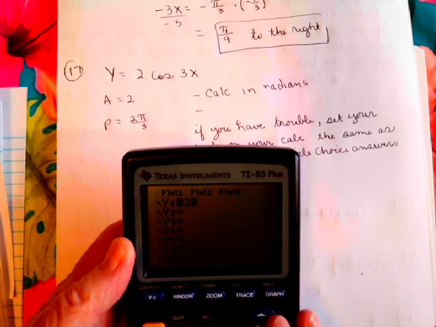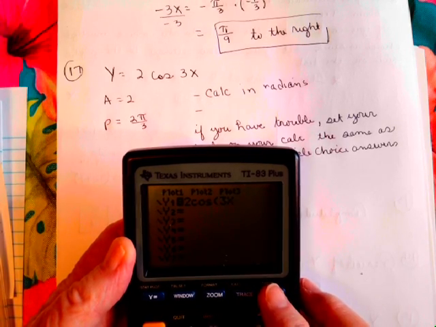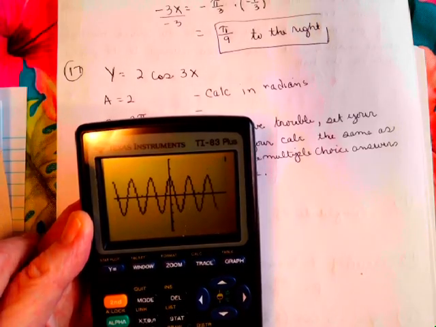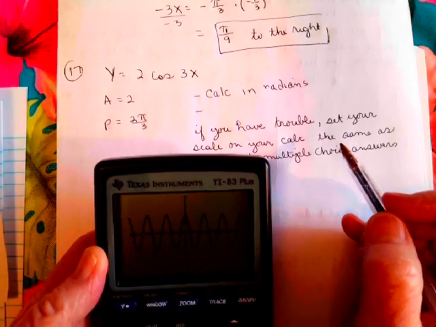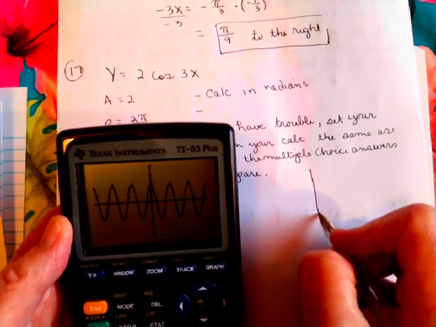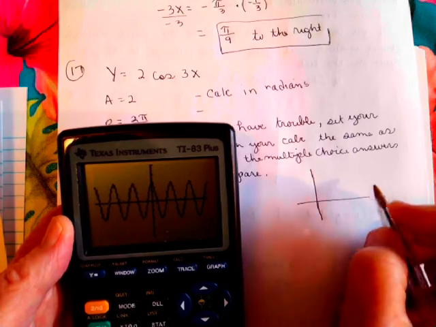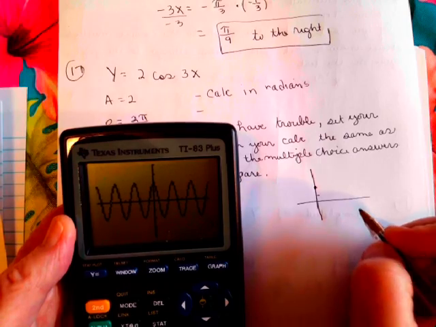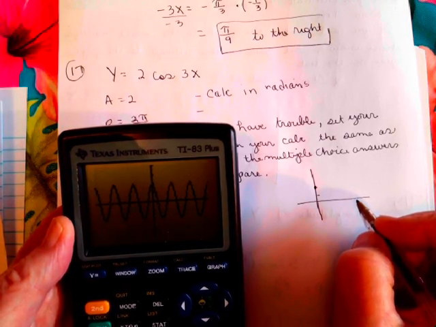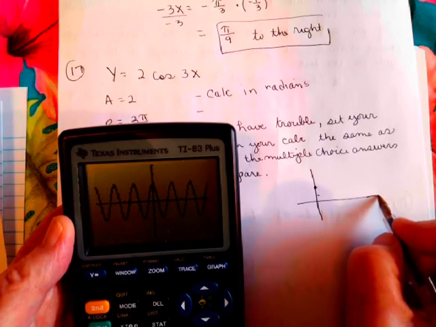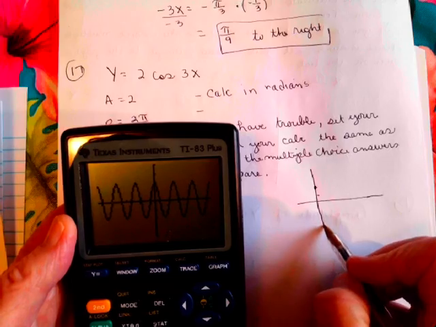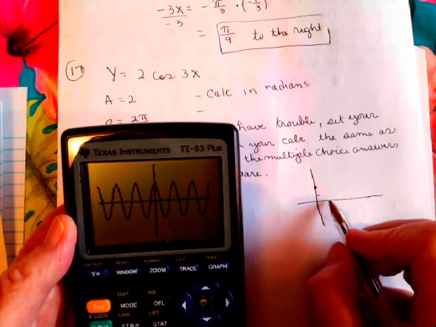Graph this, 2 cosine 3x. This is the cosine function. Amplitude is 2. It tells me it starts right here. The period is 2 pi over 3. That tells me that it is going to complete one period at 2 pi over 3.